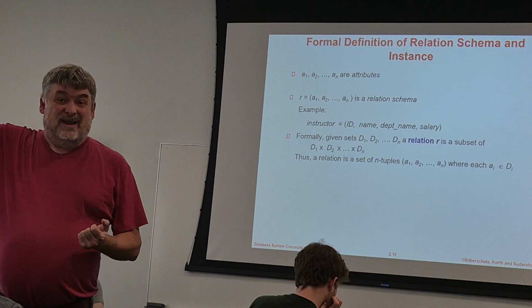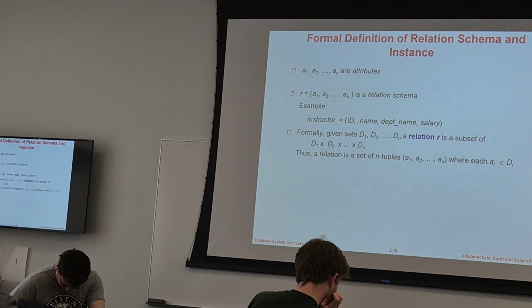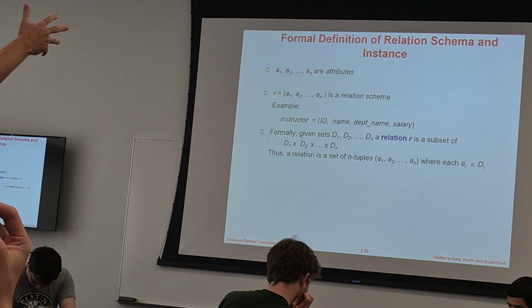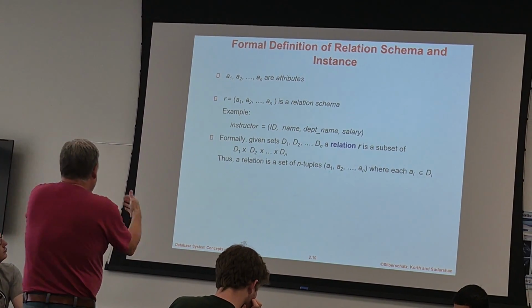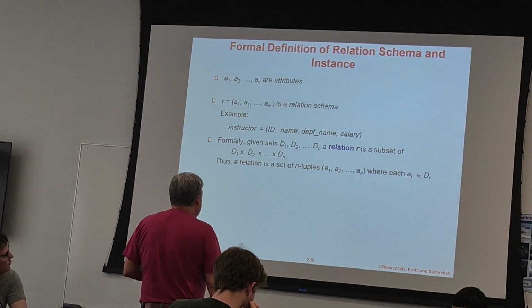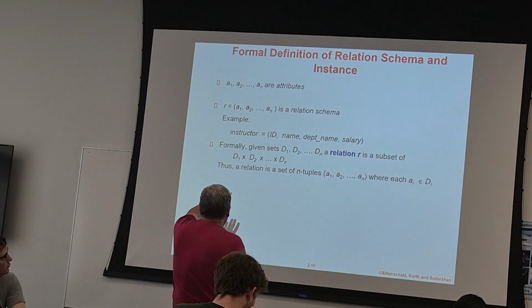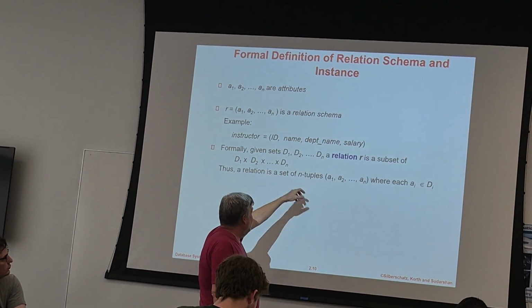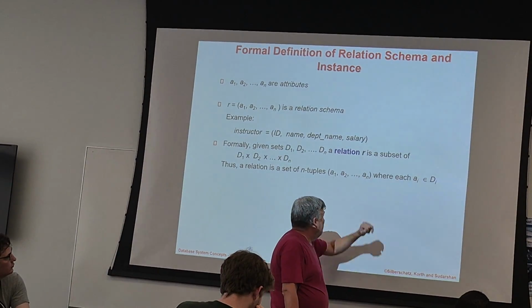But mathematically, this is what they set out: here is the theoretical table of that design with all possible values in it, and your table is just one of the possible subsets that we could draw out of that.